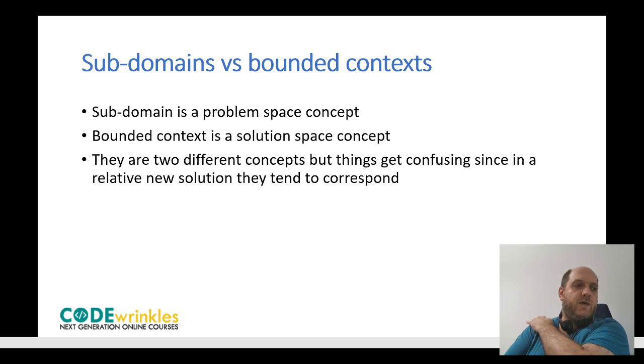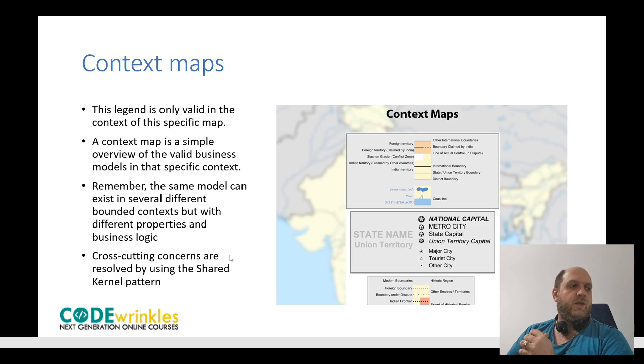Good. Then the next part is what we call context maps. Context maps are very, very important in domain-driven design, because, like we have here a picture as an example, we have a very huge city, which also has a very huge transport system.